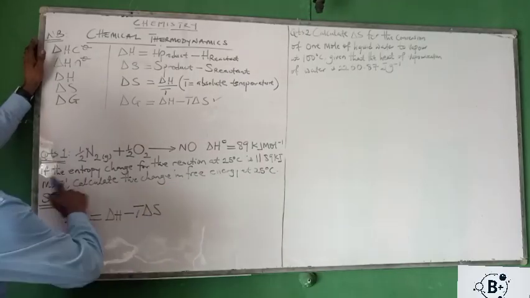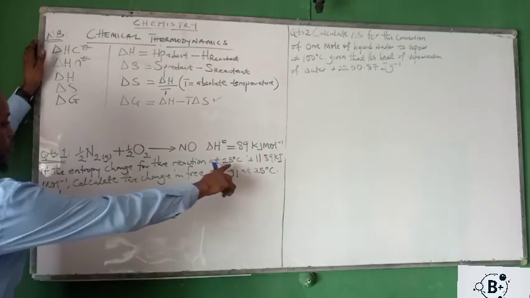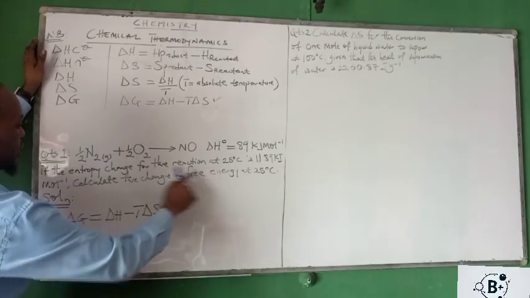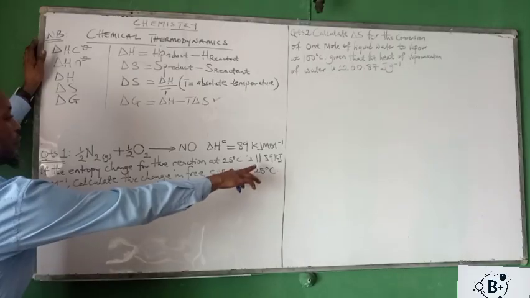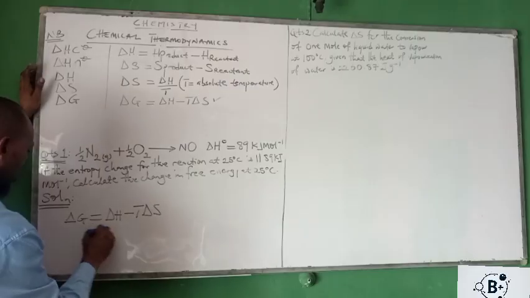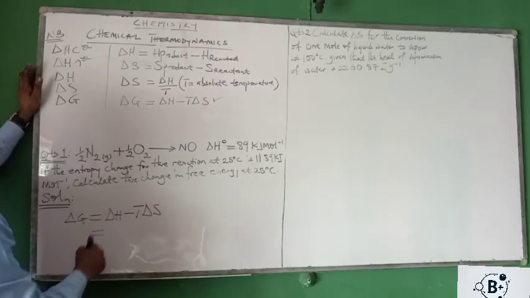And T is the temperature, while the entropy change is given as 11.89 kilojoule. So, that taken, we have change in H.